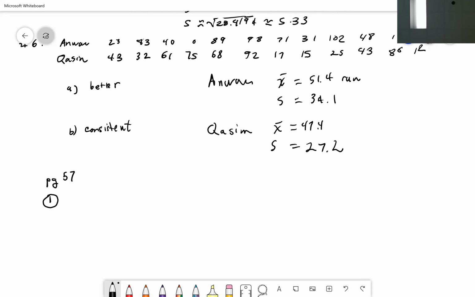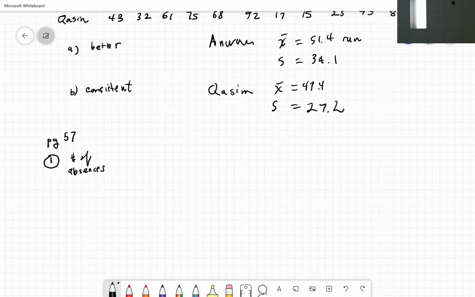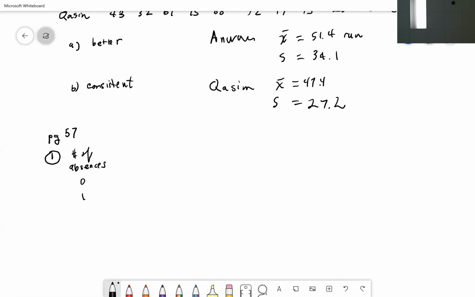Number 1 has the number of absences, which is the random variable, with values 0, 1, 2, 3, 4, and 5. And then you have a number of days, which is the frequency: 54, 24, 11, 4, 2, and 1.